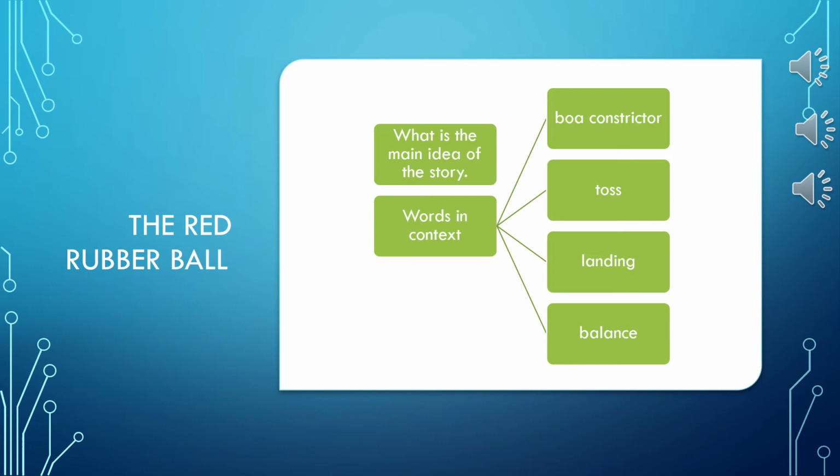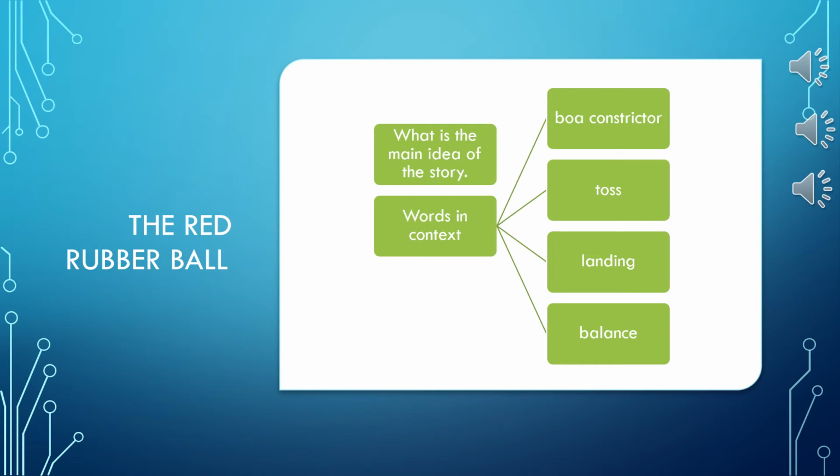When you toss a ball, you dash it. What do? You roll it, you hold it, or you throw it. Yes, when we toss a ball, we throw it very gently. After you jump up, you must land on dash: on the water, on the ground, or the ball. Yes, on the ground.